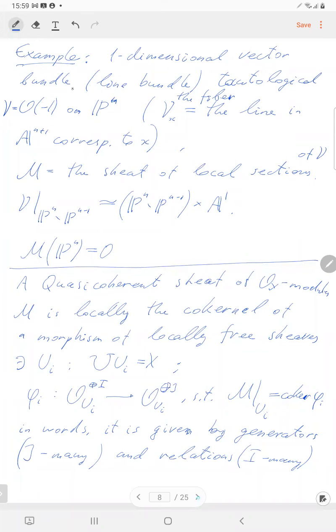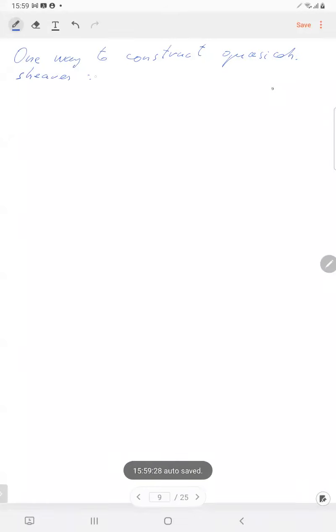And just one way to construct quasi-coherent sheaves is the so-called localization.